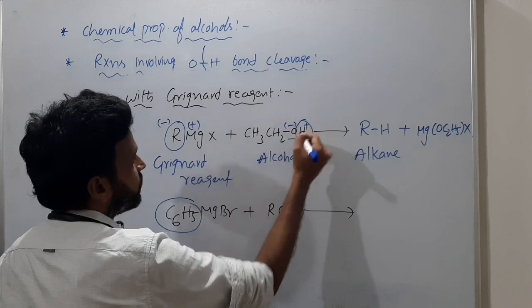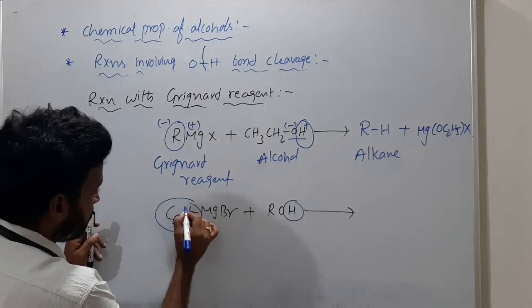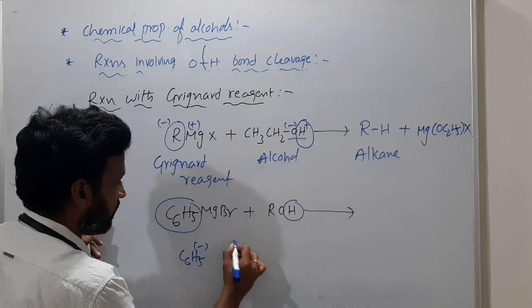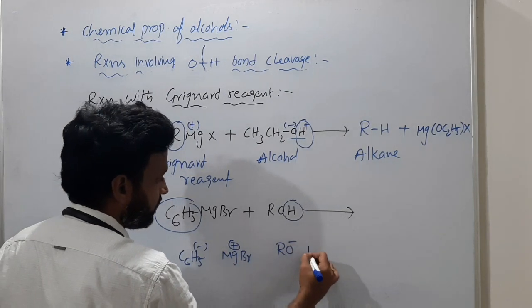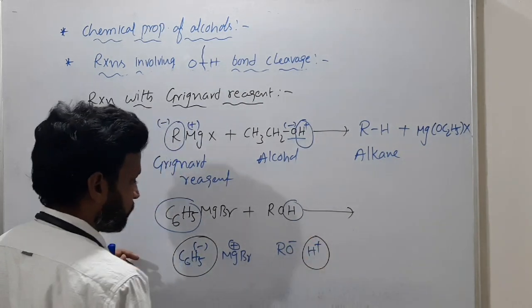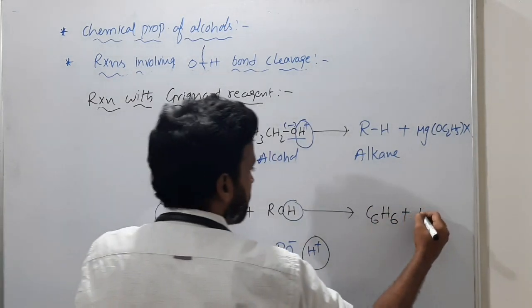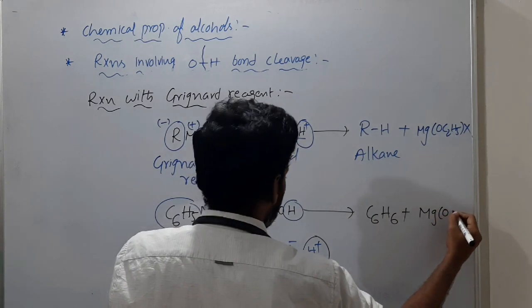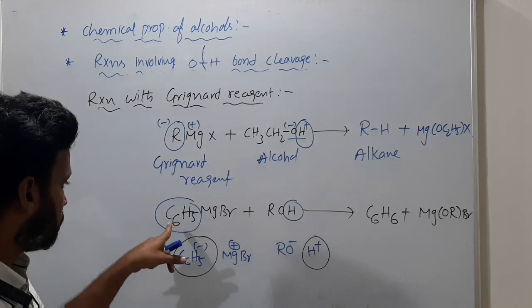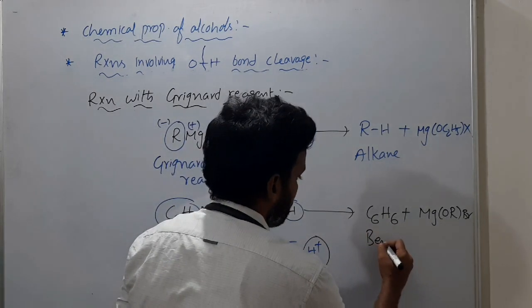So it is O minus and H plus, so R minus with H plus gives RH. Here also C6H5 minus and MgBr plus, and RO minus and H plus. So you have C6H5 minus and H plus, that means C6H6 plus Mg(OR)Br. C6H5 is phenyl, C6H6 is benzene. So benzene is the product.